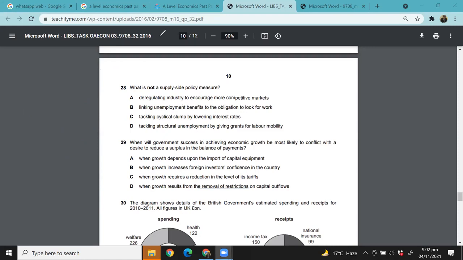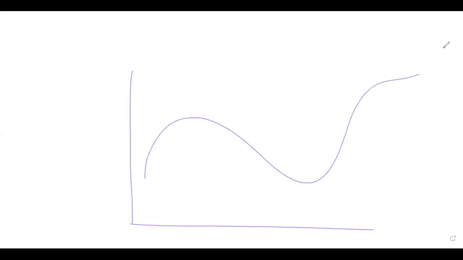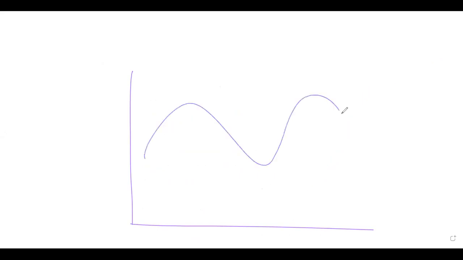Cyclical slump. To be very honest, that was not what the question was really about, but cyclical slump is when, you heard about the business cycle? What is the business cycle? It is the trajectory of an economy where its economic activity fluctuates over time.